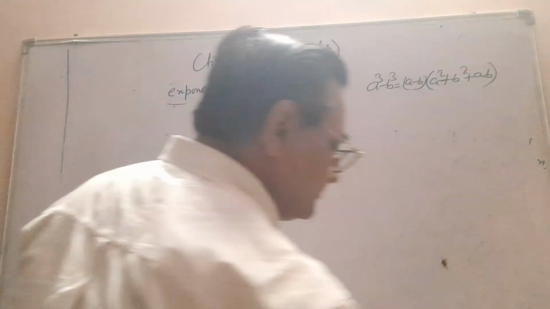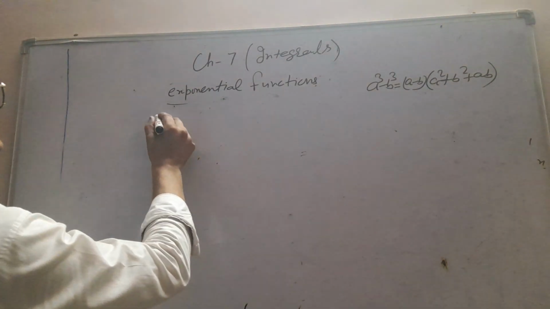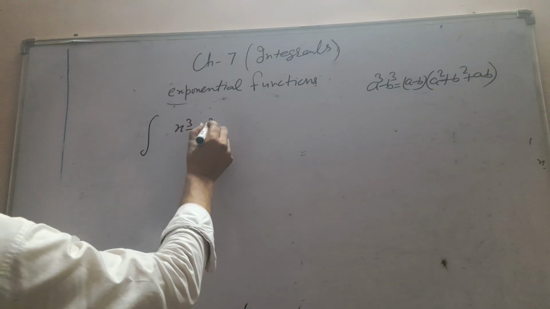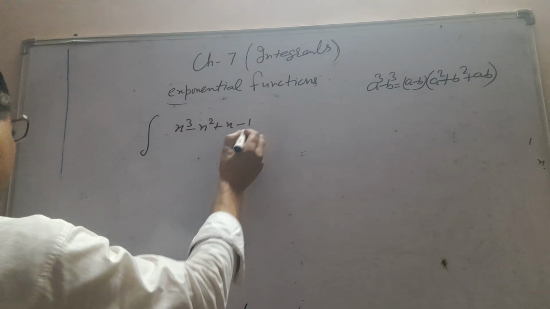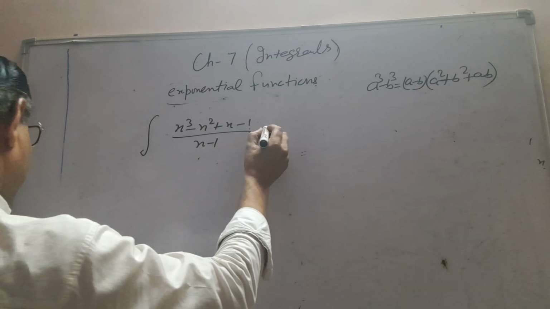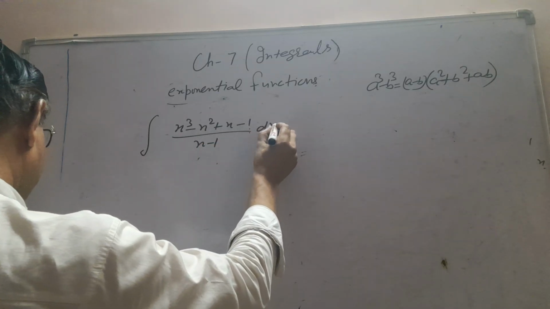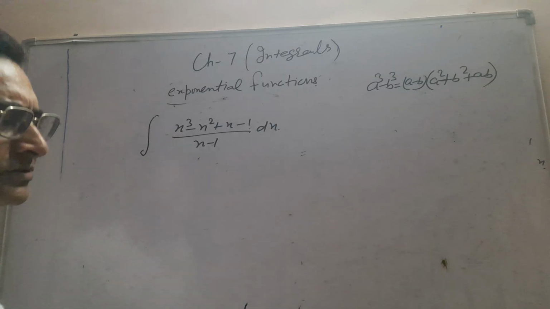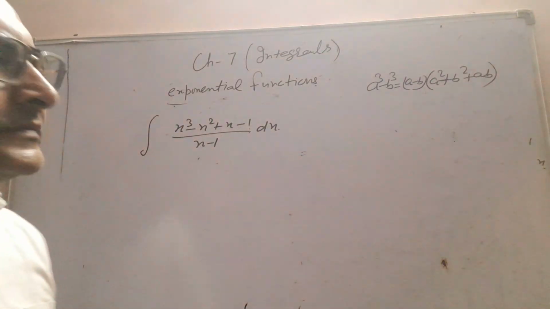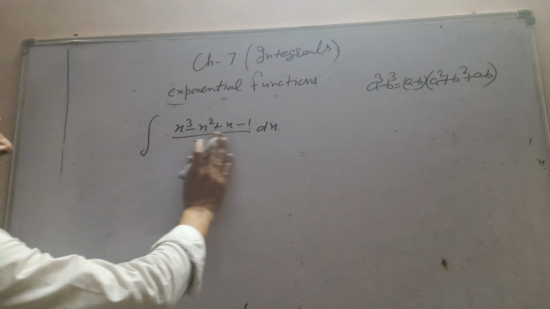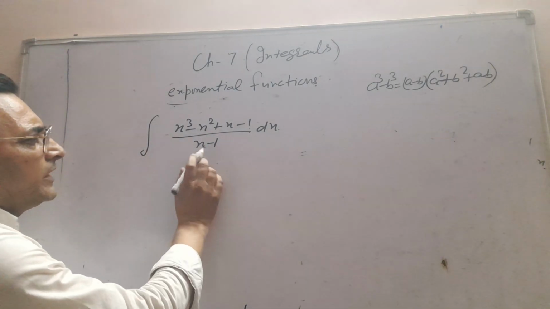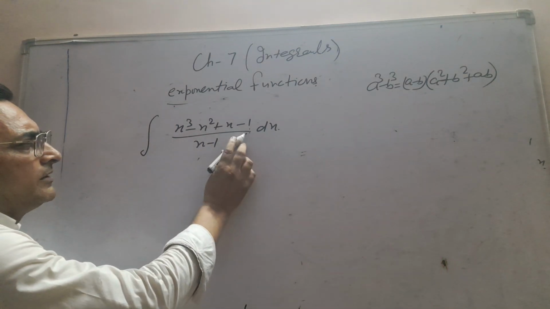Important question, that is integral of x cube minus x square plus x minus 1 upon x minus 1 into dx. If the question is like this, what can we do? We cannot separate each and every term.